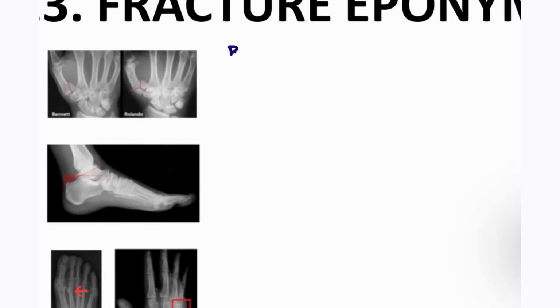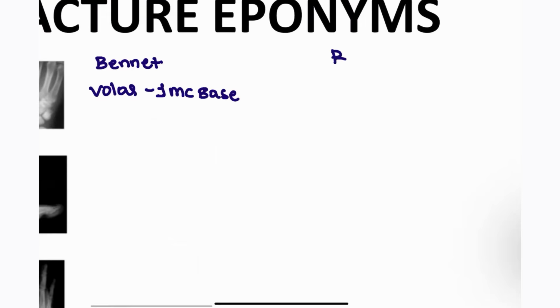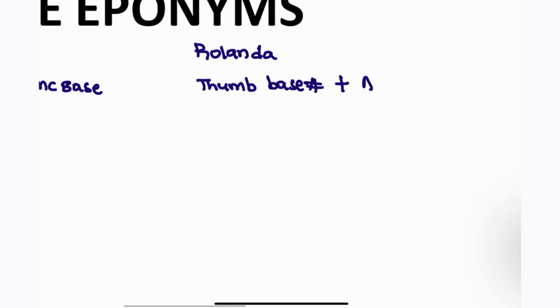First, Bennett. Bennett involves the first metacarpal base. Next, Rolando. Rolando is the same, it involves the thumb base fracture, along with damage to the abductor pollicis longus muscle.